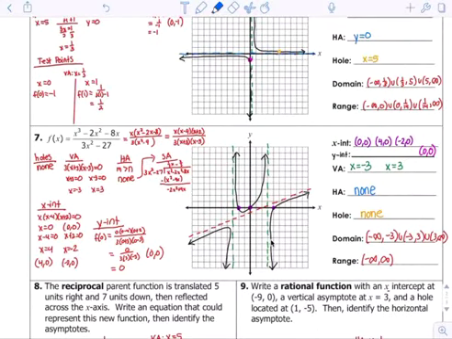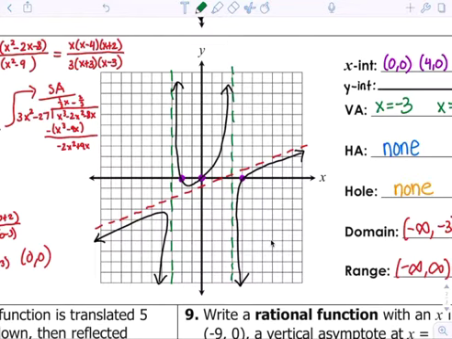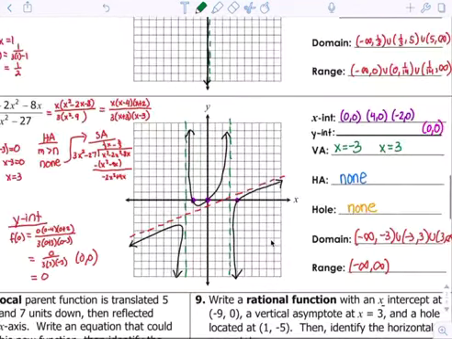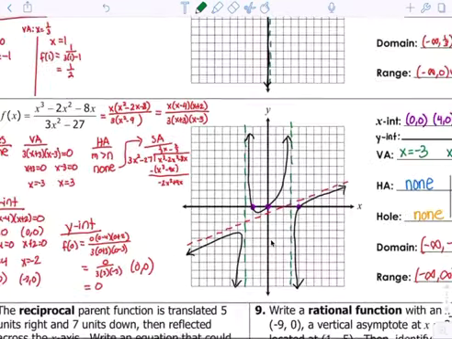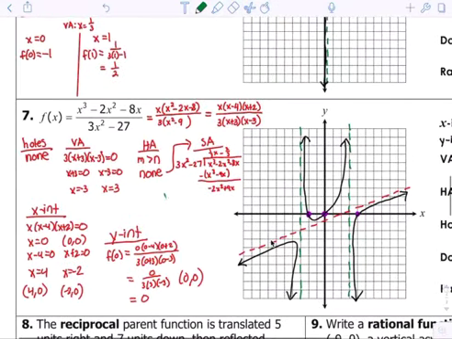Now, this is where we do a test point, right? Because the test point will help us to know in which region to graph this. So one test point I did use was, what did I use? Oh, okay, I know my vertical asymptotes are at x equals negative 3 and at x equal to 3.